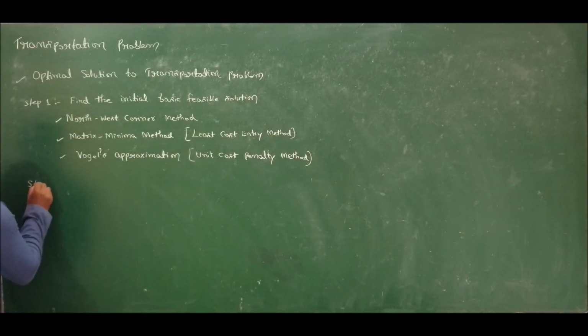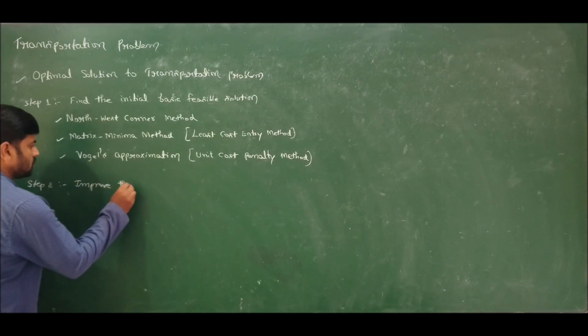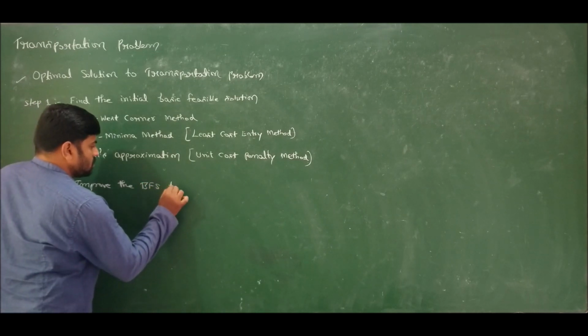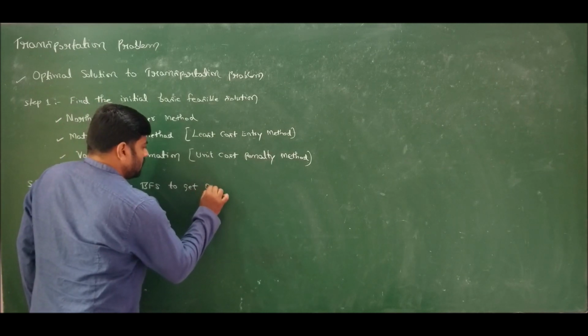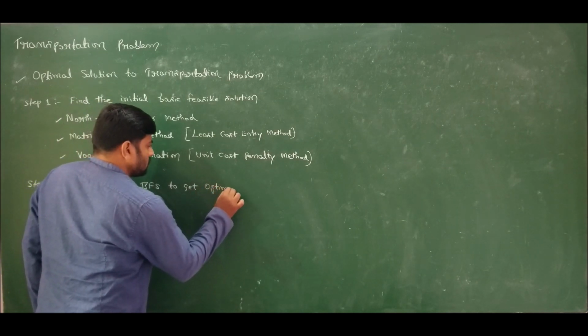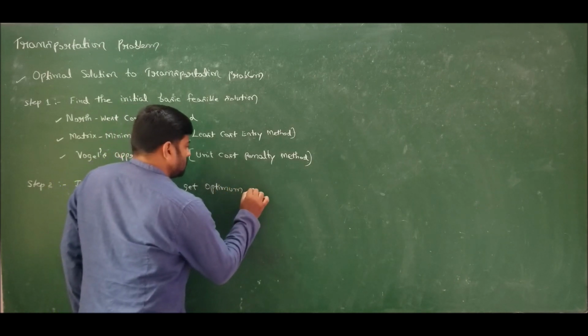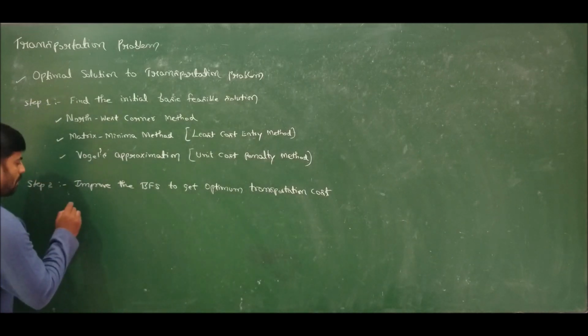And in step 2, improve the basic feasible solution to get optimal transportation cost. So, we have 2 popular techniques to improve the basic feasible solution.